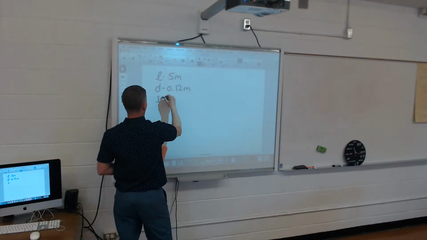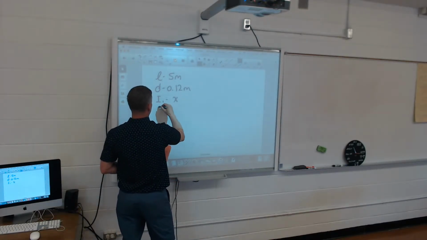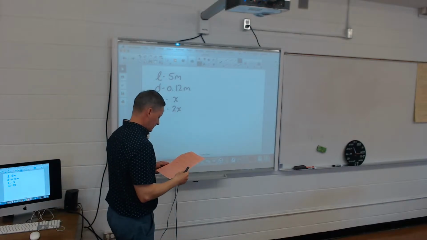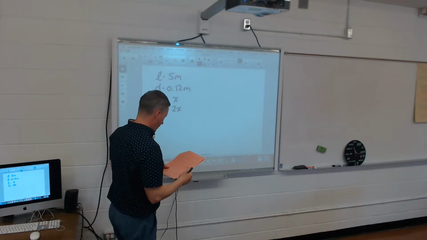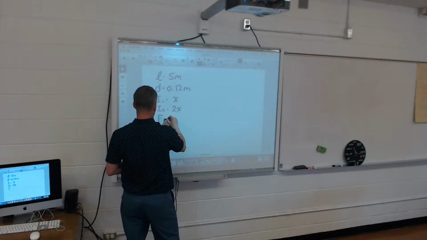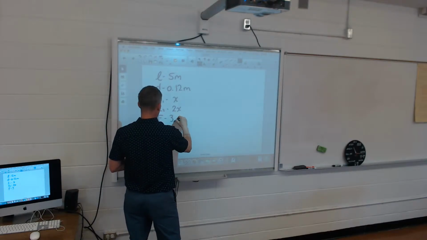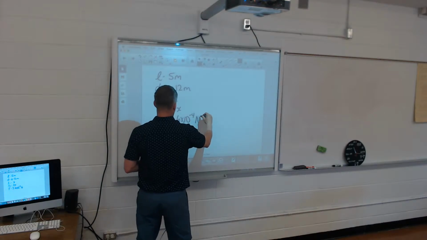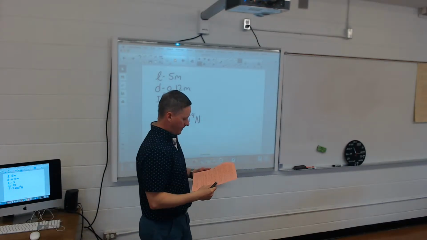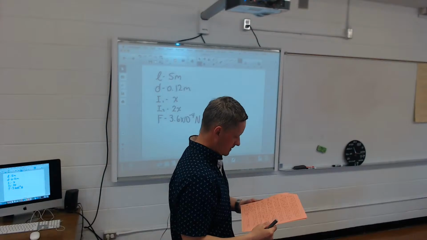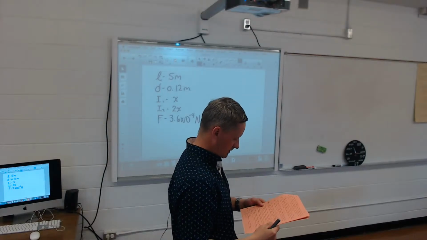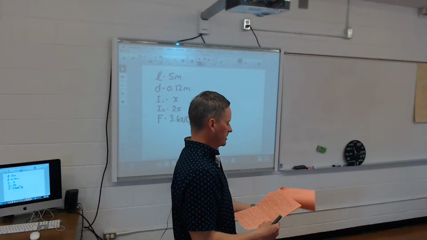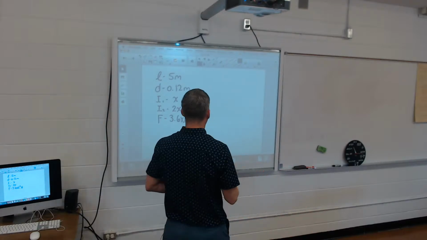And the current in one conductor is twice the current in the other. So my I1 is x, my I2 is 2x. And the force between them is that, and it wants to find what's the magnetic force, what is the current in each conductor?